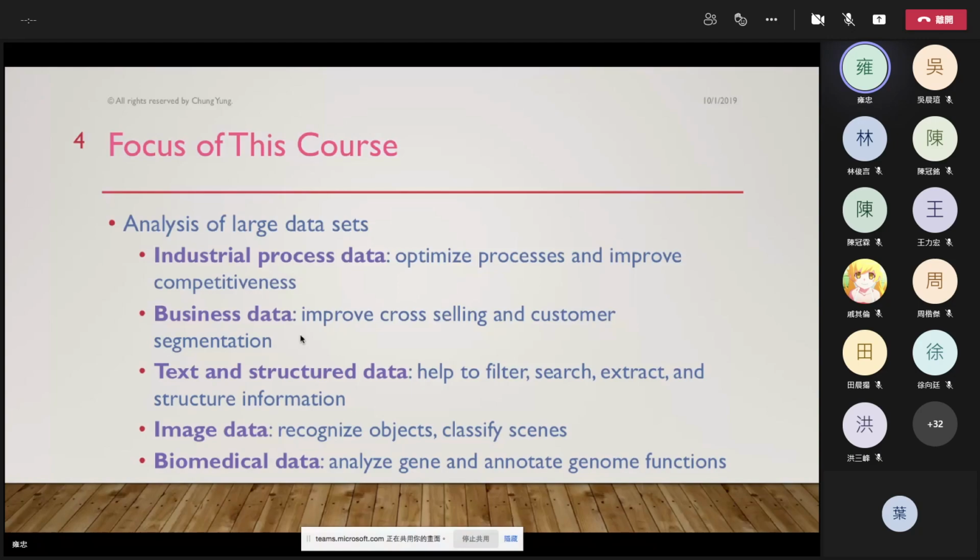As you know, they try to apply the analysis on biomedical data for the immunity of COVID-19.